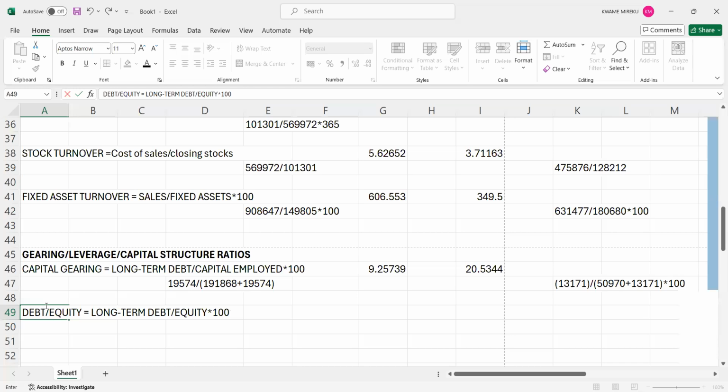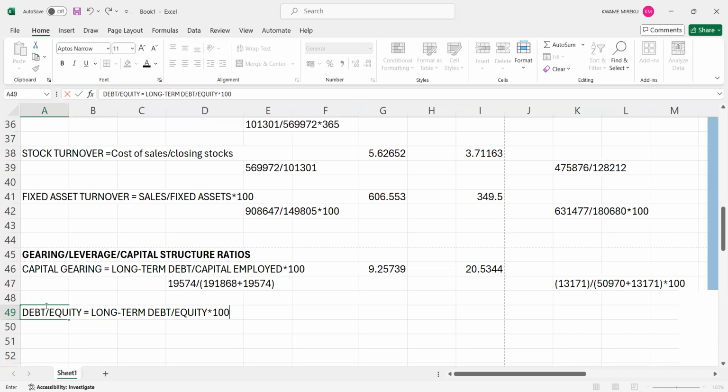Because if the long-term debt is the same as equity, you get 100%. If the long-term debt is more than equity, you get more than 100%. If it is less than equity, you get less than 100%. So the threshold is 100%. Anything above 100% means you have more long-term debt than equity, which makes your company highly geared.